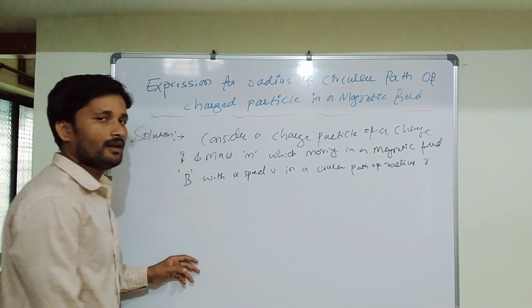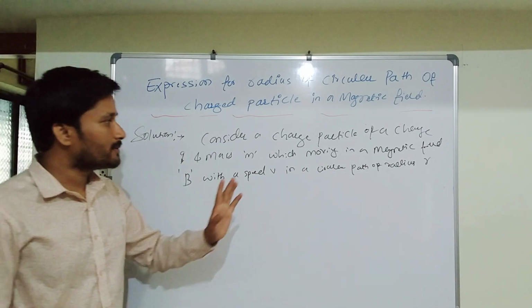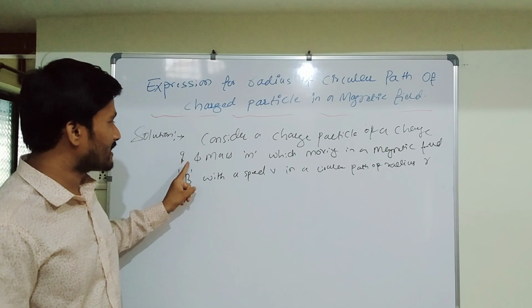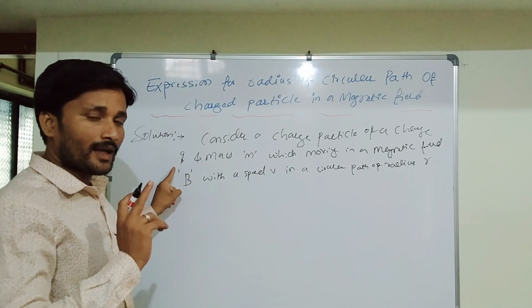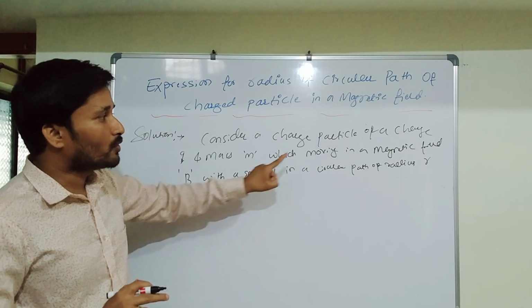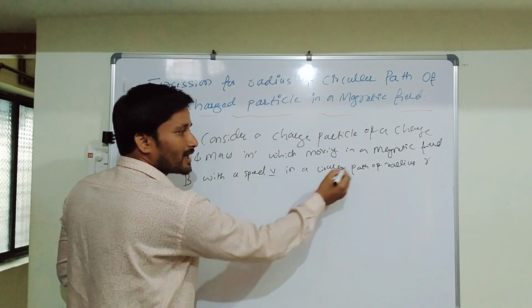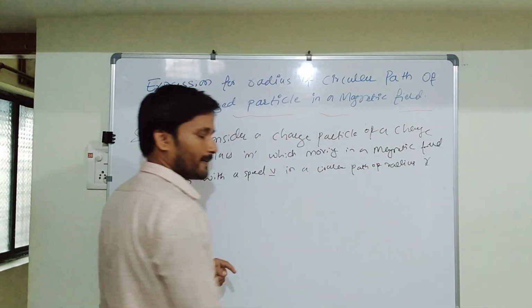Now here you have to know that we have five important terms. First, the charge is q. The mass of the charge is m, which is moving in a magnetic field B with a speed v in a circular path of radius r.